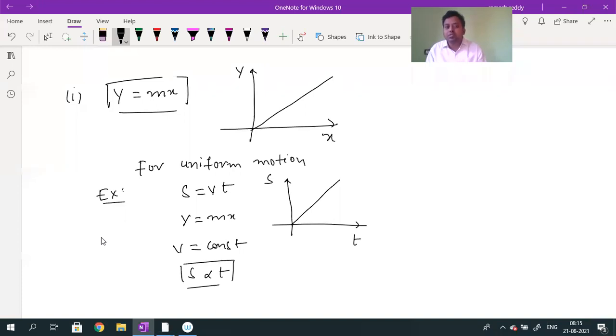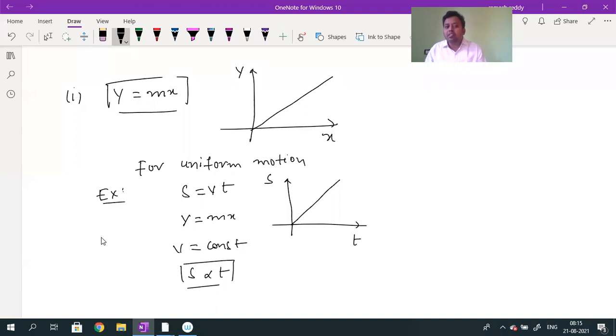In this graph, m is the slope, y coordinate, x coordinate. Example, uniform motion: the body covers equal distances in equal intervals of time, and displacement is equal to velocity into time, of the form y is equal to mx.